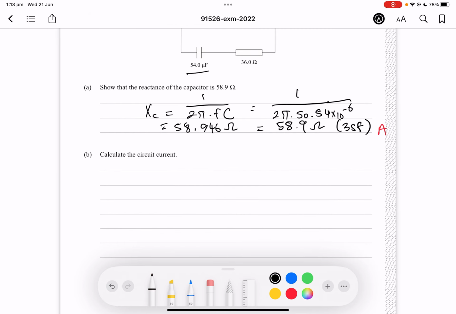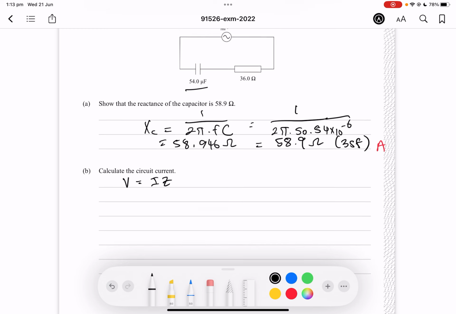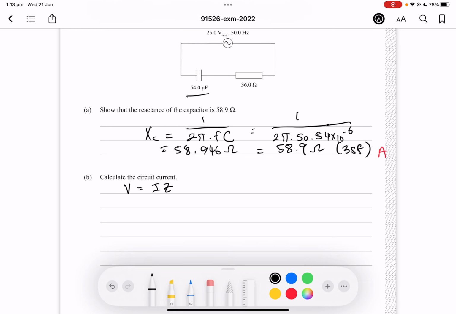Question B, we're going to calculate the circuit current. To calculate the circuit current, we are going to need the overall impedance of the circuit. So we know that the voltage is equal to the current multiplied by the total impedance. And for the total impedance, we need to consider the phasor diagram of the capacitor and the resistor.